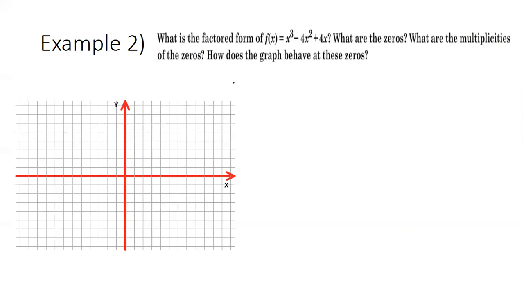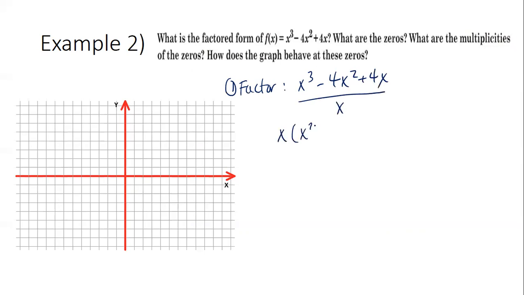Okay, so the first thing we're going to do is factor. What's their GCF? It's just x. So I factor out x, and I'm left with x times x squared minus 4x plus 4. This is a simple mental factor. What multiplies to give me 4, but adds to give me negative 4?